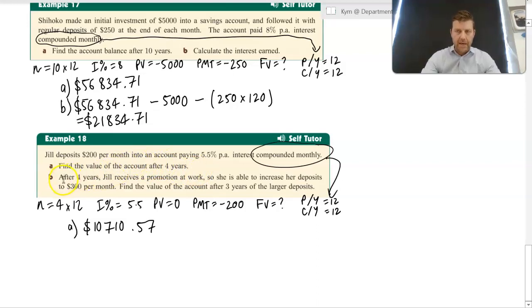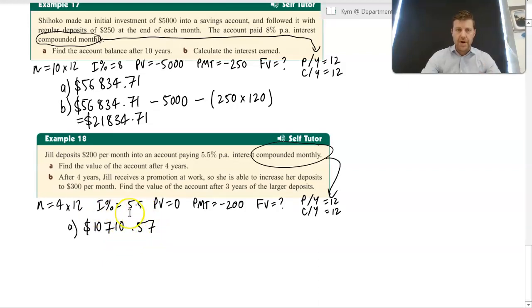But part B of this question says, after 4 years, Jill receives a promotion at work, so she increases her deposits to $300 per month. Find the value of the account after 3 years of the larger deposits. So after 4 years, there is $10,710.57.